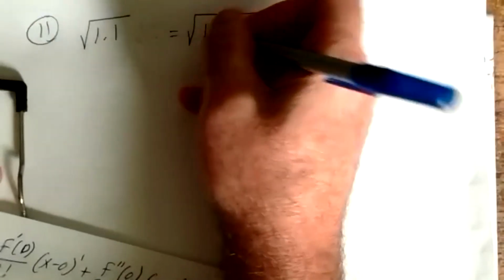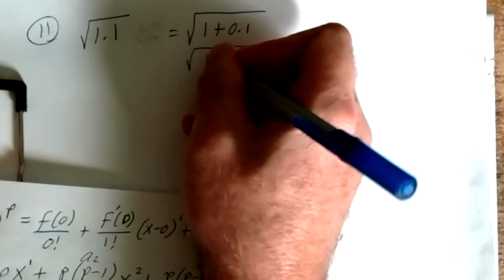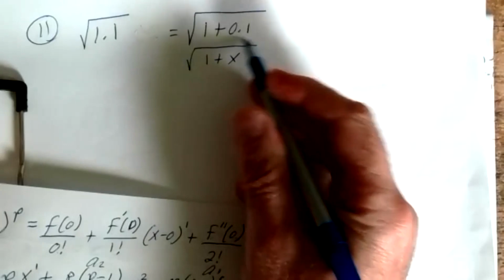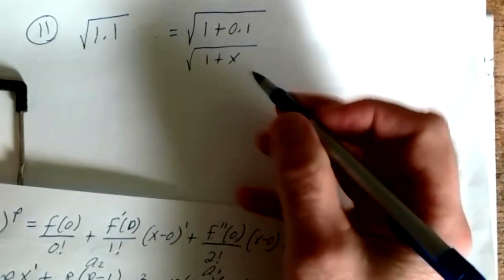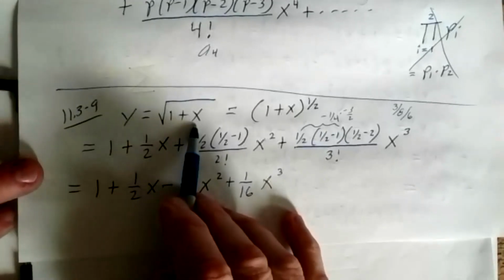Okay. So the square root of 1.1 is going to be equal exactly to the square root of 1 plus 0.1. Do you buy that? So what's our x? Our x is really 0.1, isn't it? So as far as this expansion is concerned, our x is 0.1.